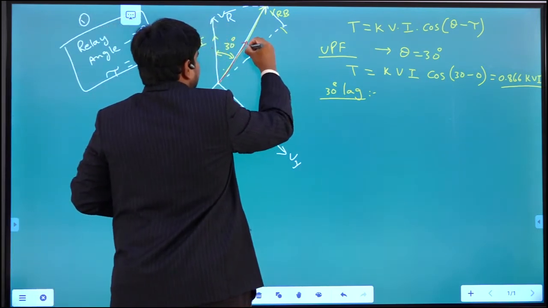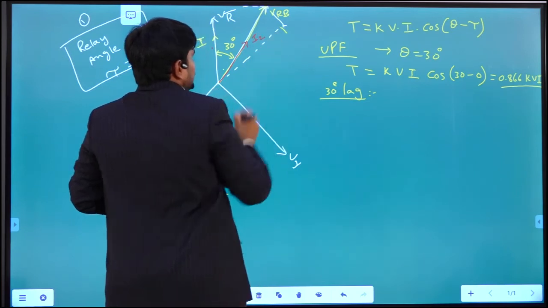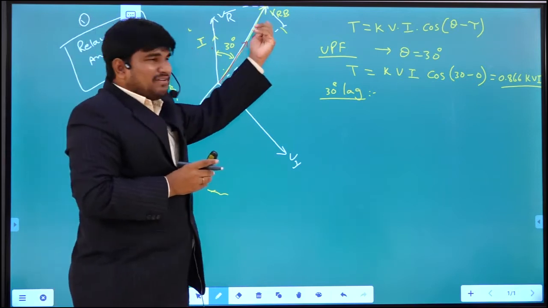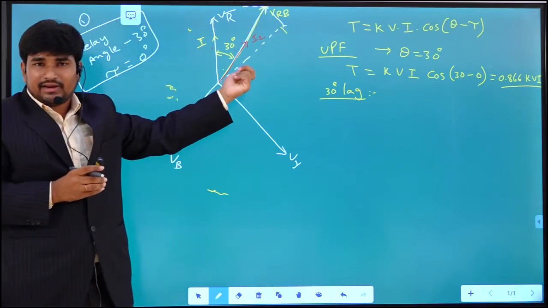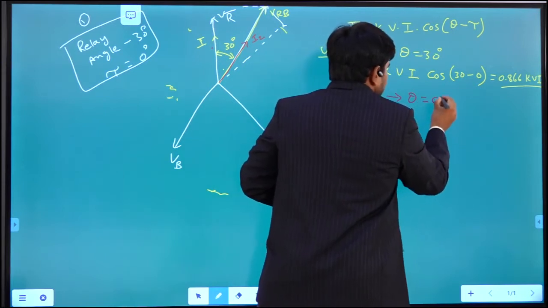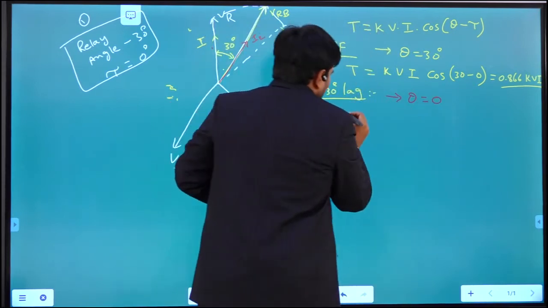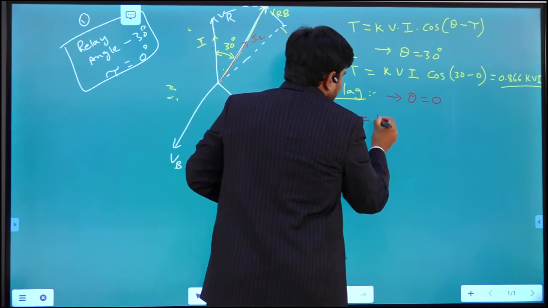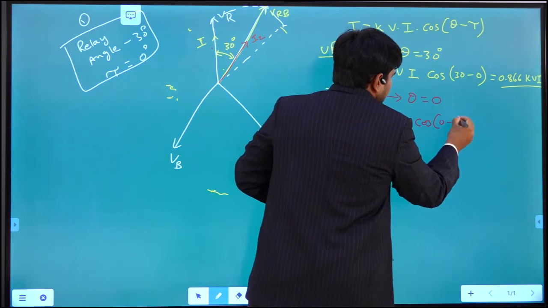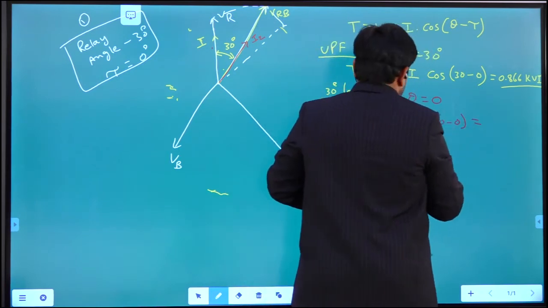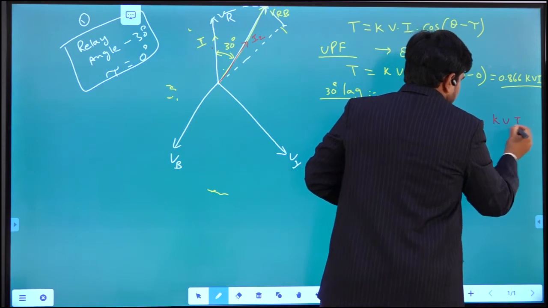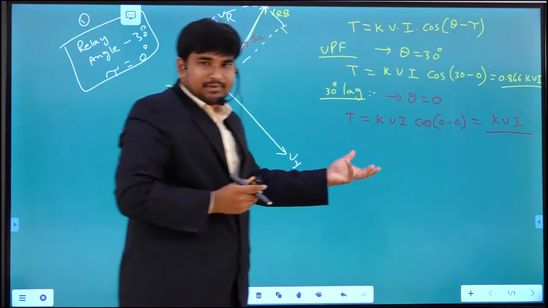The current in case 2, I will call it I2. Now what is the angle between VRB and I2? It is 0, so theta is equal to 0. The torque equation is T equal to K into VI cos of (0 minus 0), that is 1. So the torque is equal to K into VI, which is maximum.